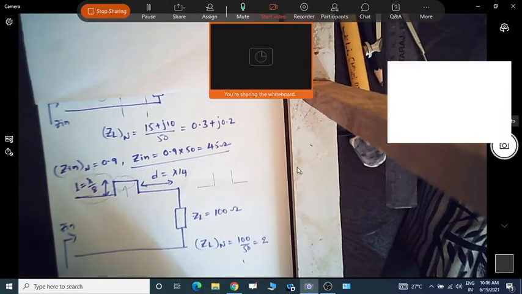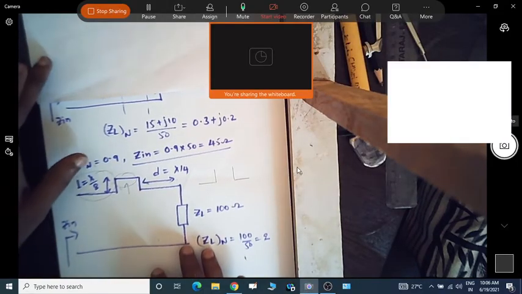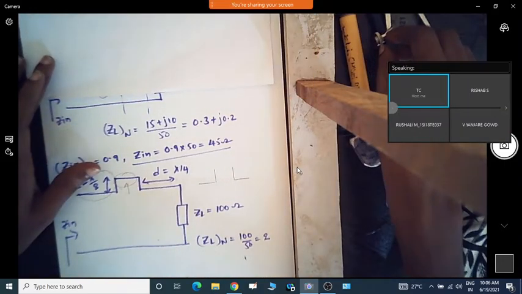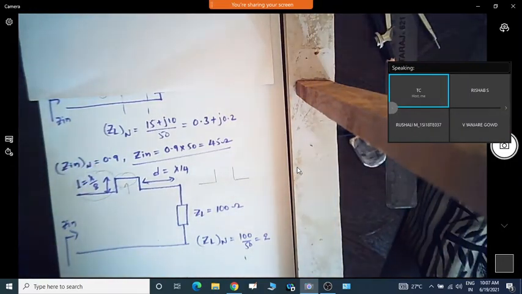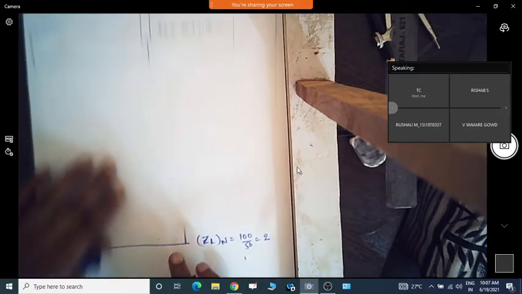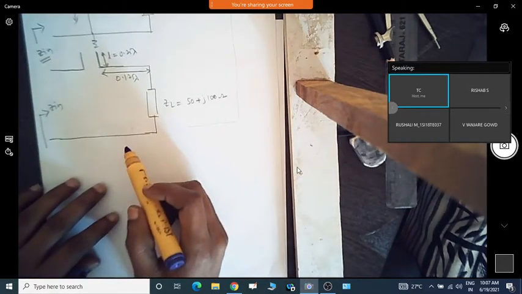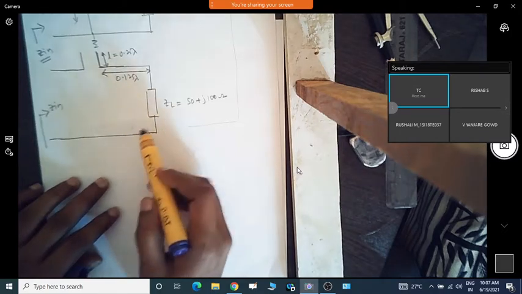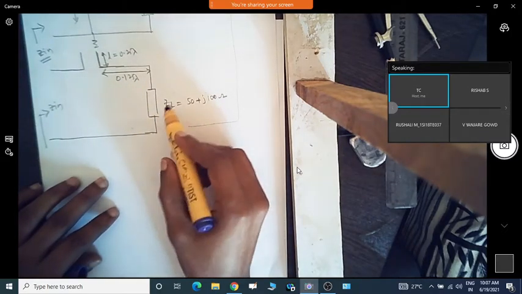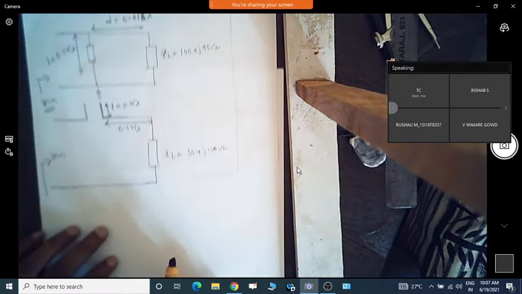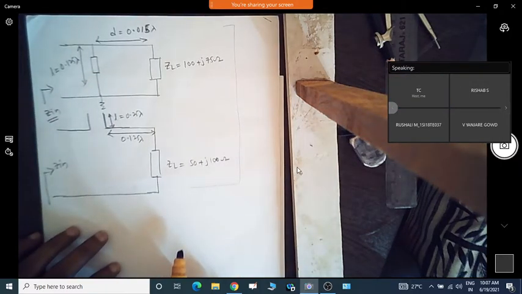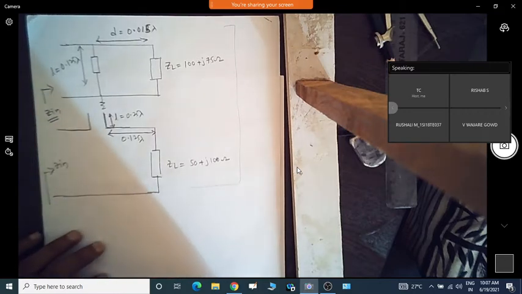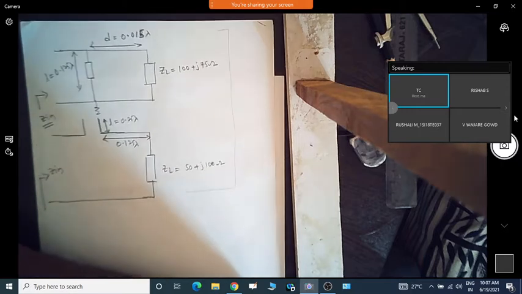So now is it visible, this one? Have you done this problem which I gave yesterday? Have you tried out? Anybody tried out this one? Any of this problem? Rishabh, Rushali, have you tried out?